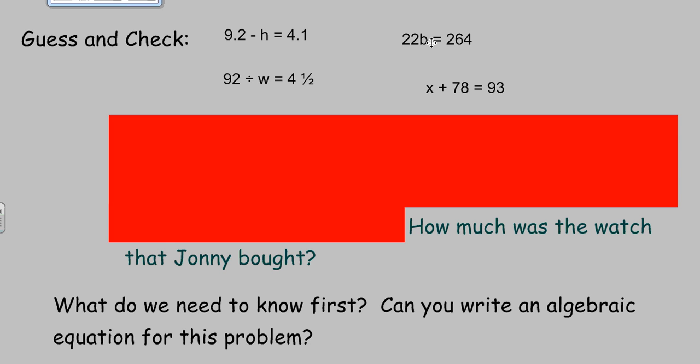Here, I know that 22 times 10 is 220. And I need to get to 264. So I might revise and say b is equal to 11 or 12 until I find out that 12 is the correct value. On this one, I may guess right off the bat about 10. And 10 plus 78 is 88. And I realize I need to add more than that.